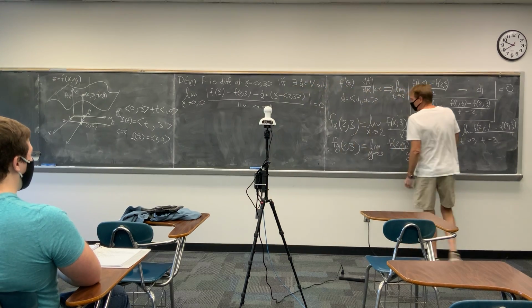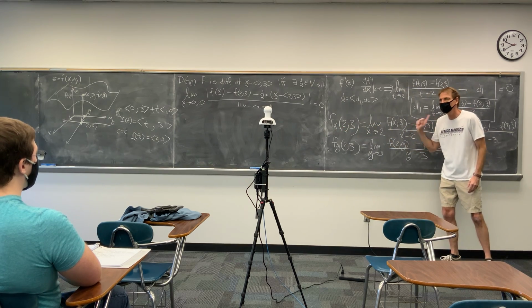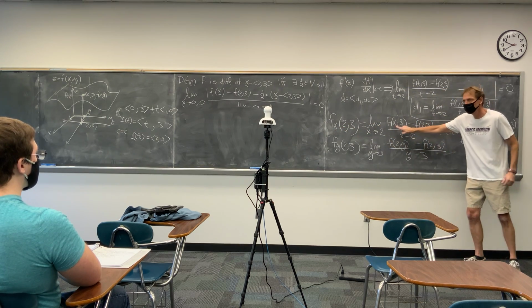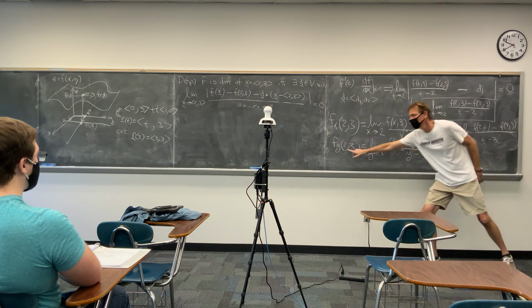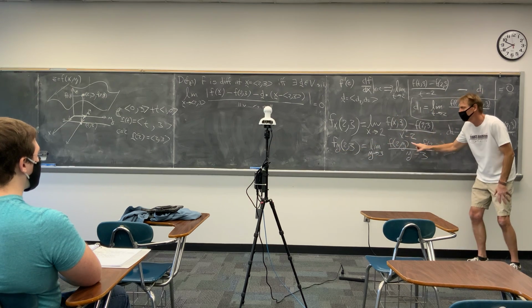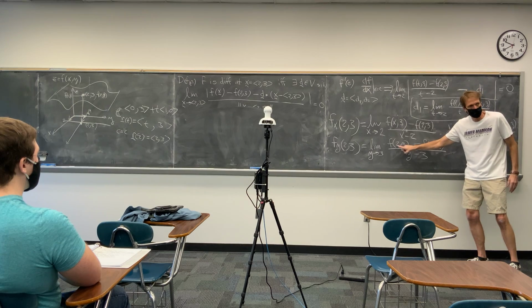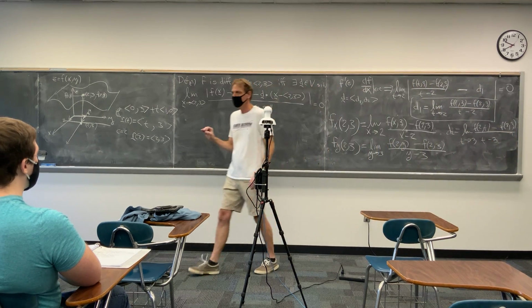Because if I look at the first one, the partial derivative of f with respect to x, the only thing that's moving is the x. The y is always fixed at 3. And vice versa, when I'm looking at the partial derivative of f with respect to y, the only thing that's moving is the y. The x is fixed at 2. So this is a dirty trick.